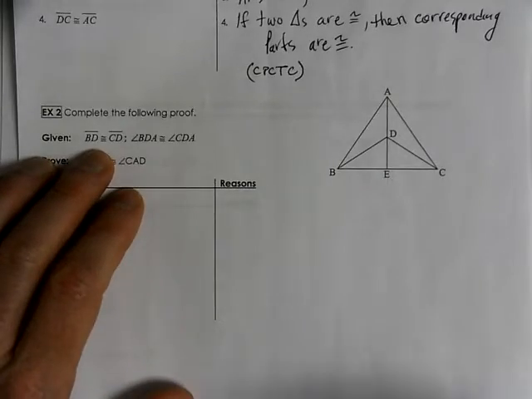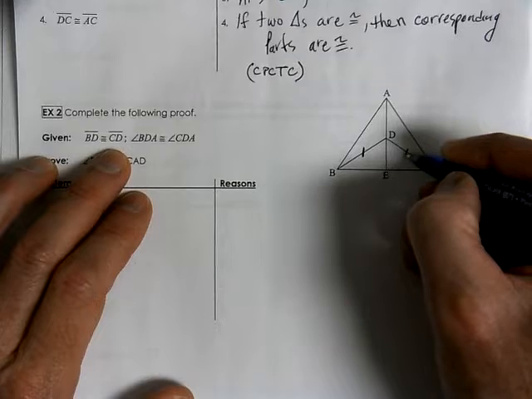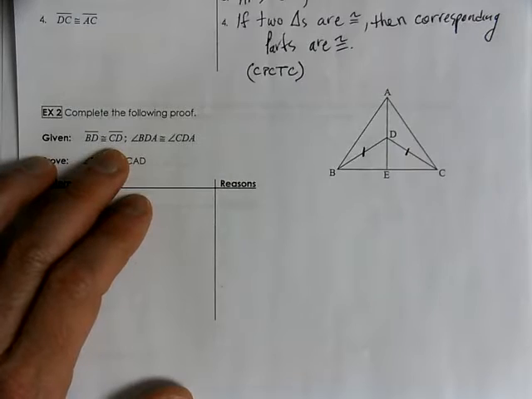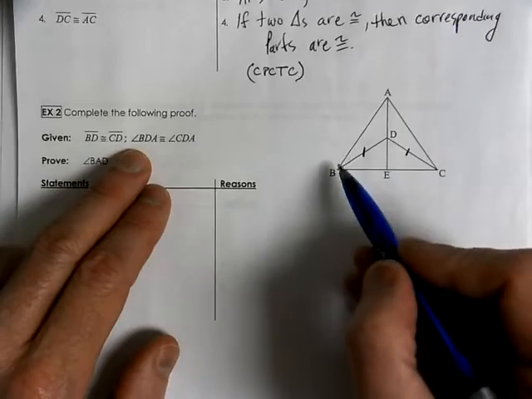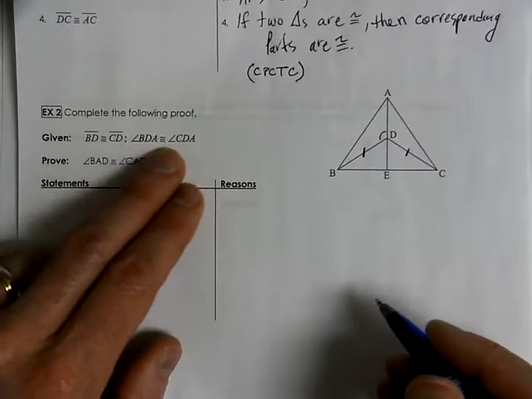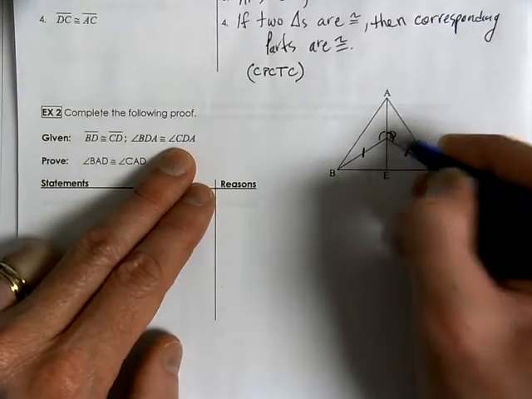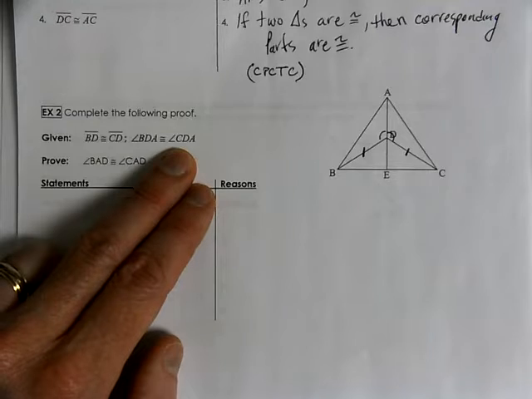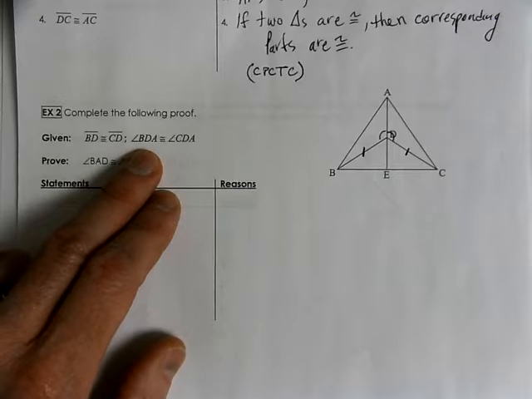So what we see is that BD is congruent to CD. We should all have marked our segments congruent. Angle BDA, that would be this angle, is going to be congruent to CDA, which is that angle. So we have two bits of information so far. We have a side and an angle. We're looking for the third thing.